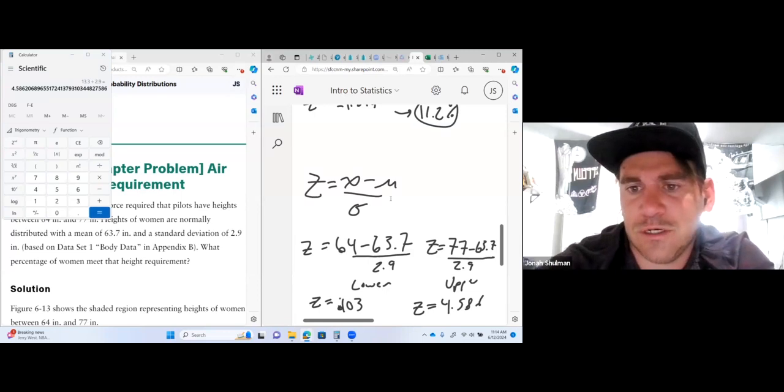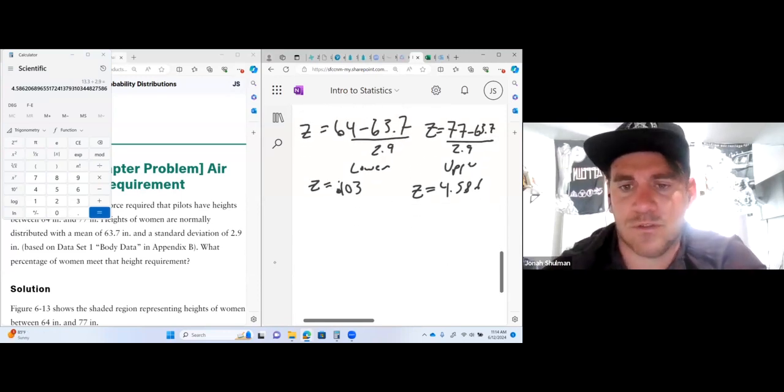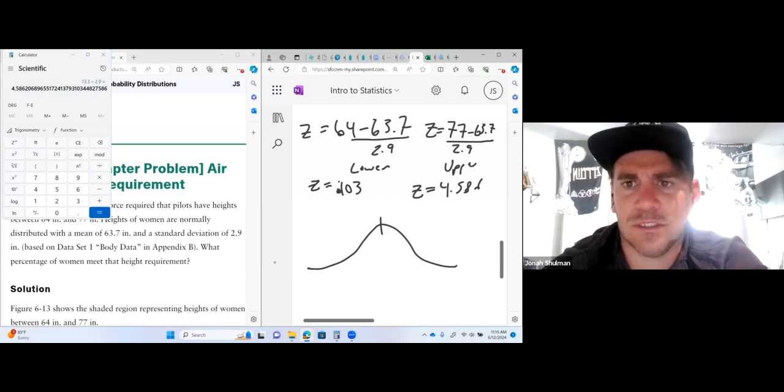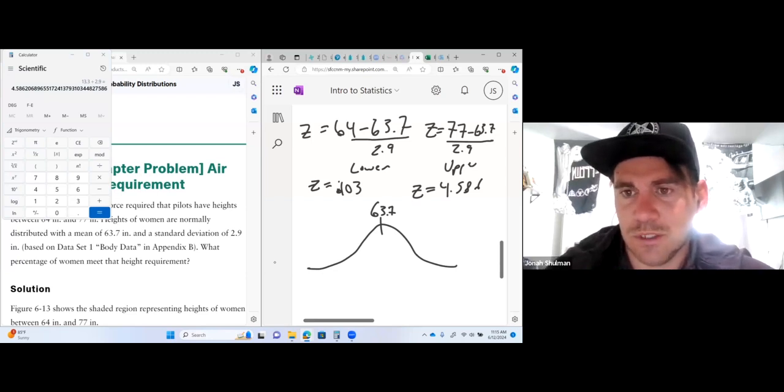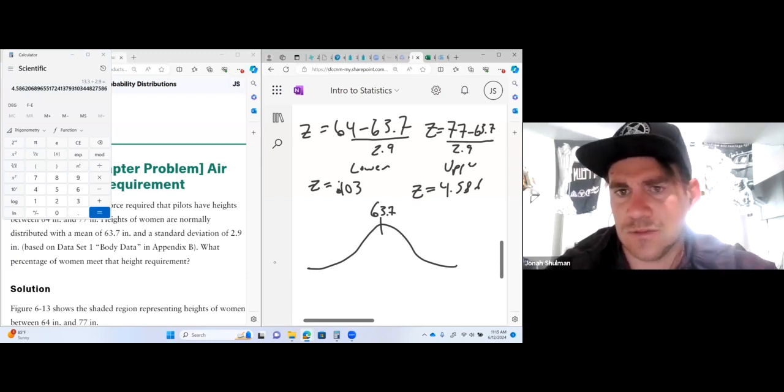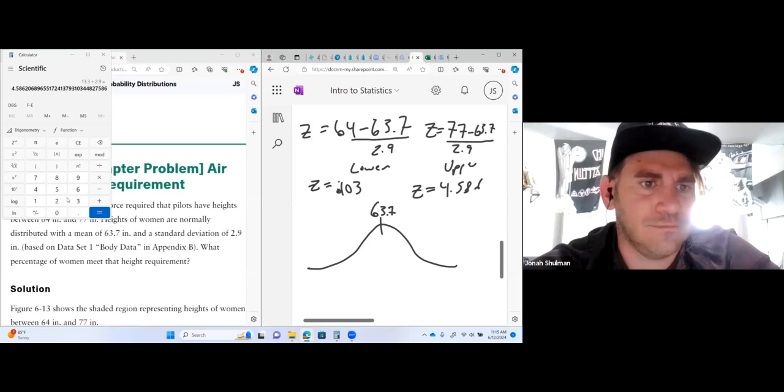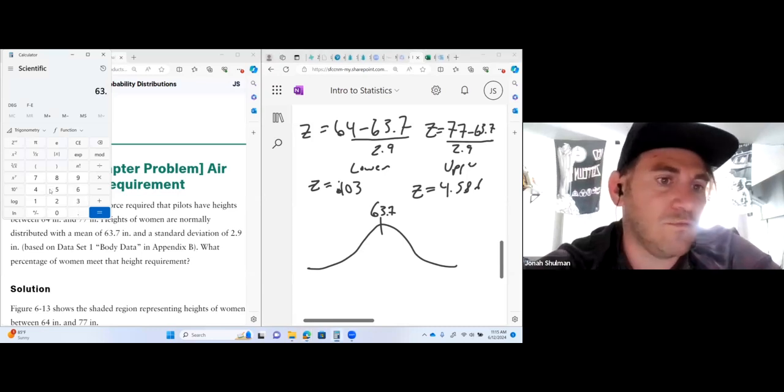If we wanted to draw this as a picture, if we want to visualize this, we know that our mean is going to be 63.7, and every standard deviation away is 2.9. So if we add this, this is why I round for everything.